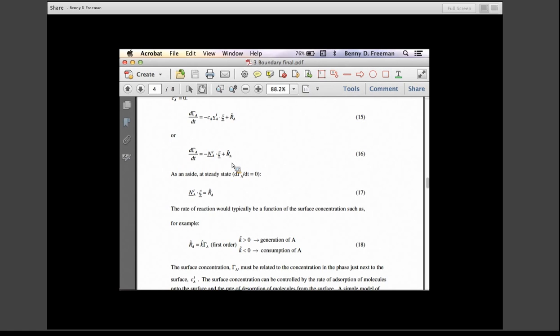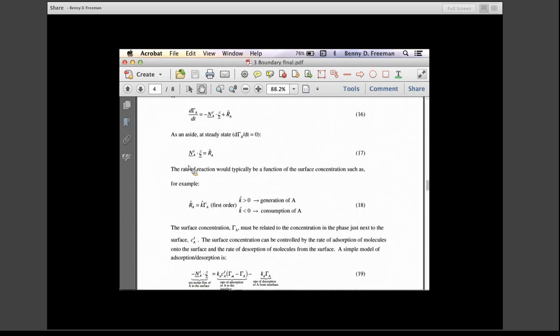And so this reflects the balance of those. And at steady state, the net rate of flux of A away from the surface has to be equal to the net rate of generation of A at steady state.